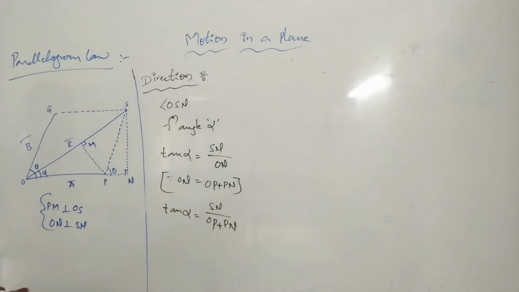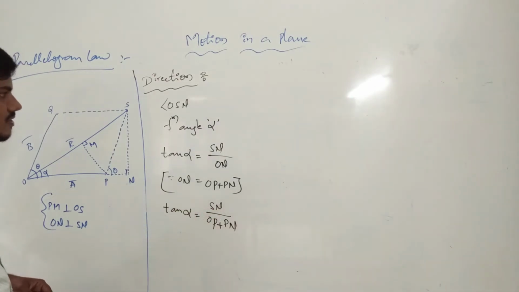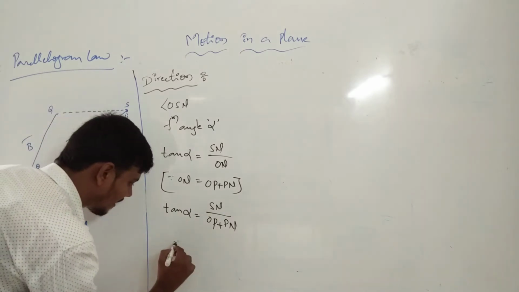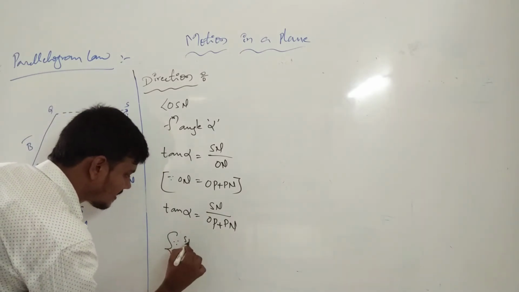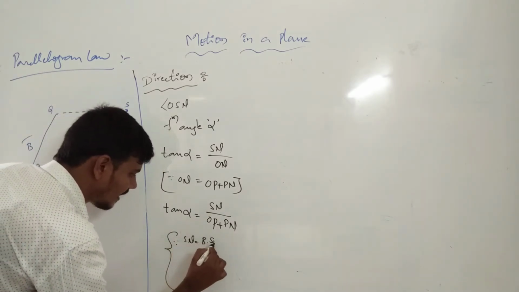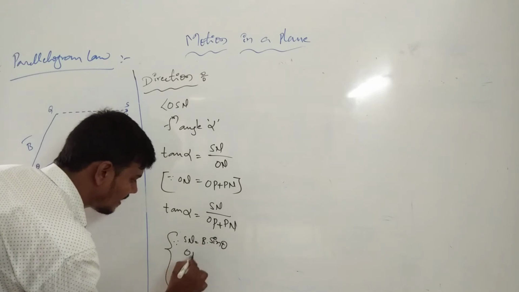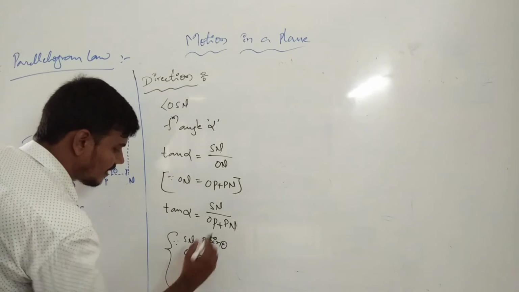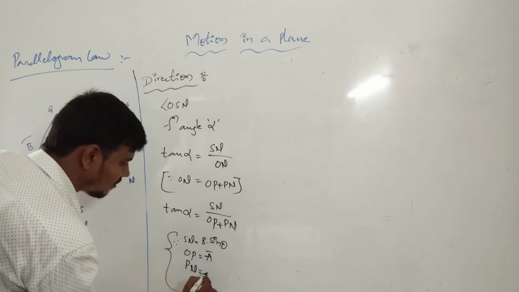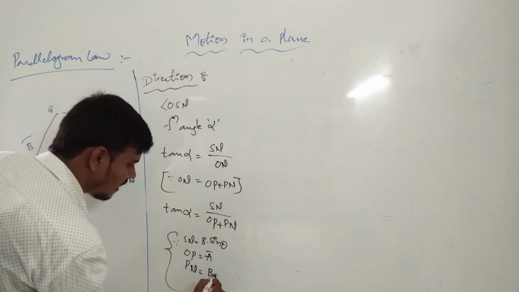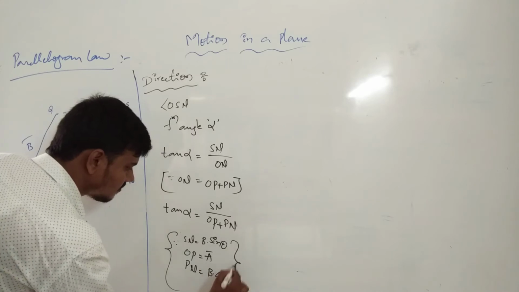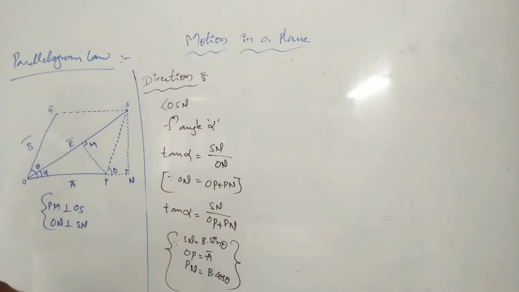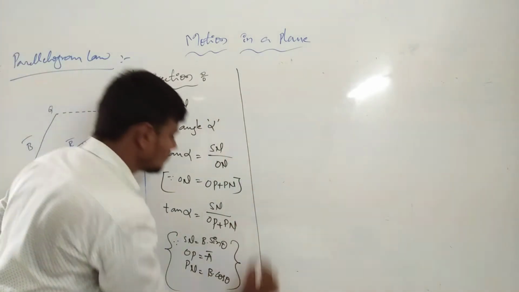Since SN is equal to our previous one, B sin theta, OP is equal to A bar, and PN is equal to B cos theta, from our previous coordinates.